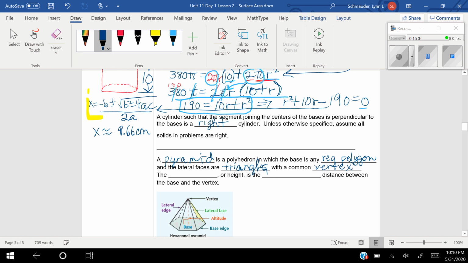So you can see that top vertex there where all the faces come together.